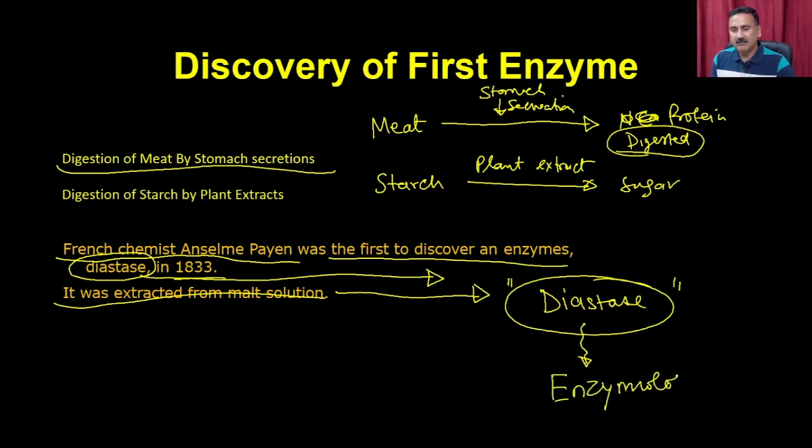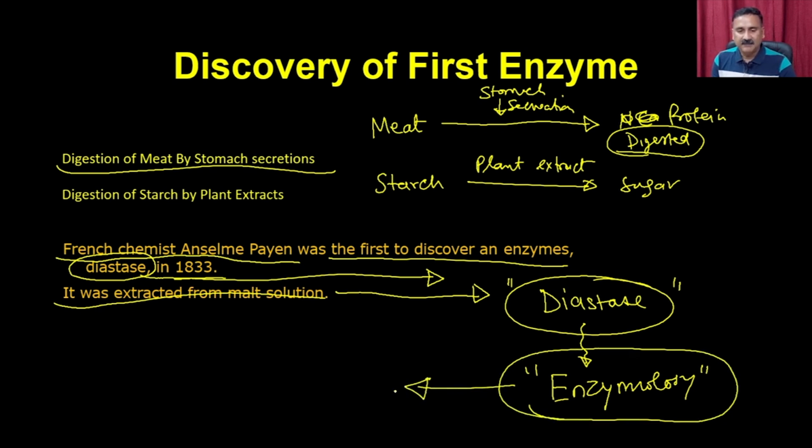Enzymology is the branch of science which studies the different properties of enzymes. But enzymology took a very long journey to develop, so that today we can do many types of experiments and a lot of things.